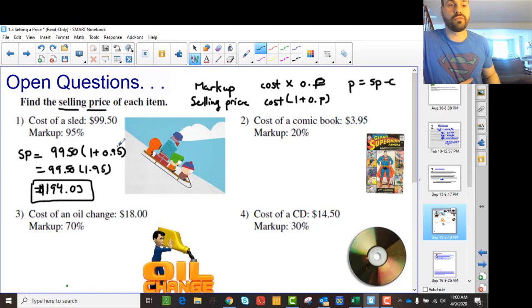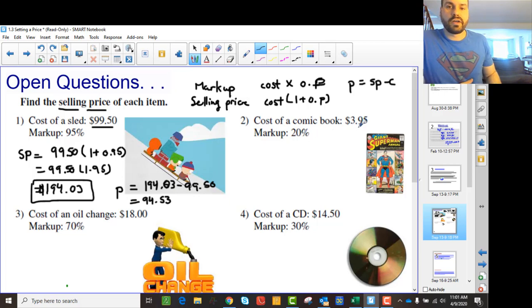Okay. So in other words, if it costs me $99.50 to make it and I'm selling it for $194.03, I'm making $194.03 minus $99.50. Okay. So I'd be making $94.53 in profit. So that's the idea.